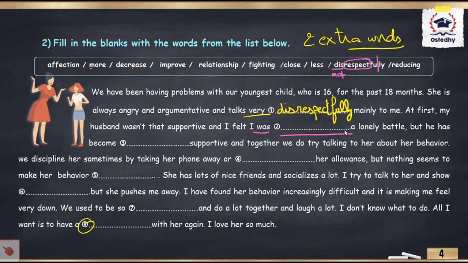Fighting? Yeah, but is it an adjective in here? Not an adjective. What do we need in this place? Reducing? I was reducing a lonely battle? No. It means I was doing something alone. I was close a lonely battle?